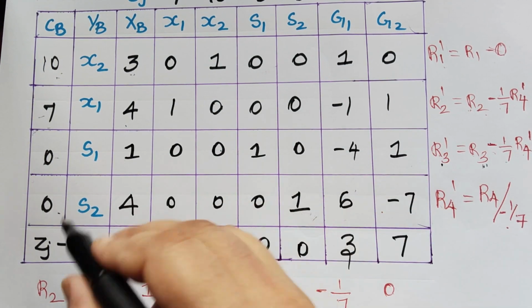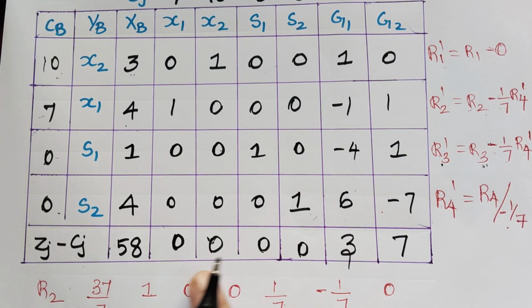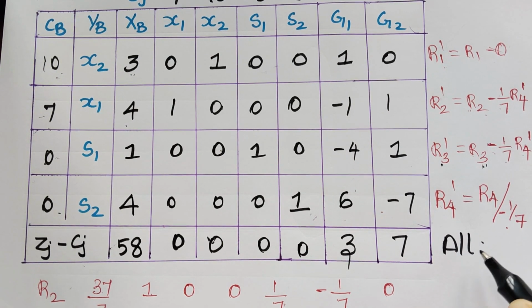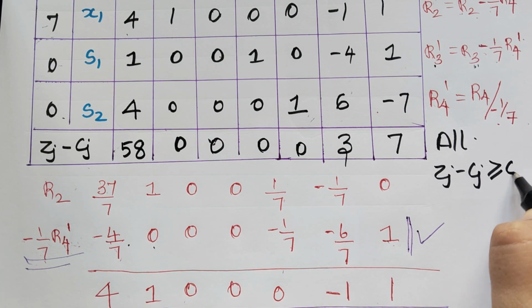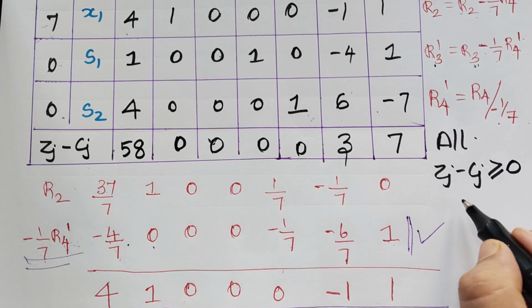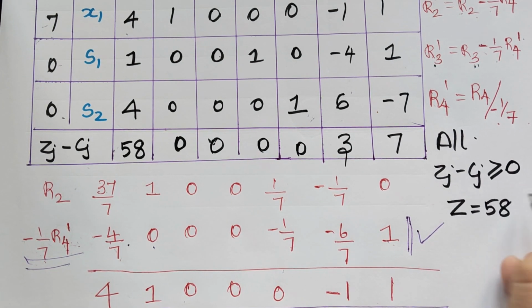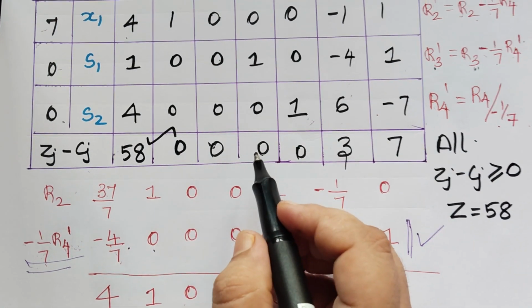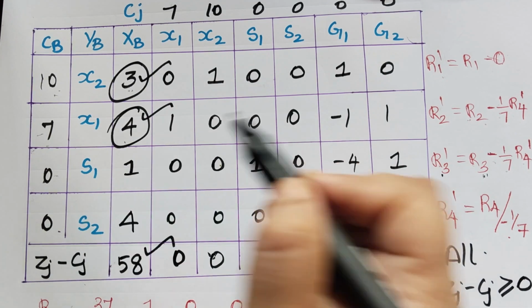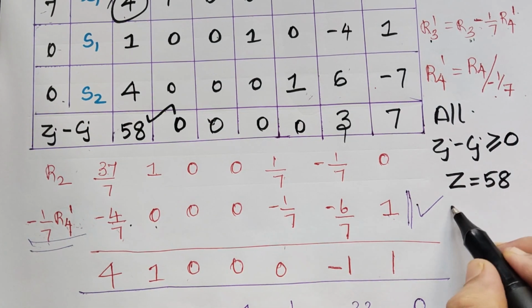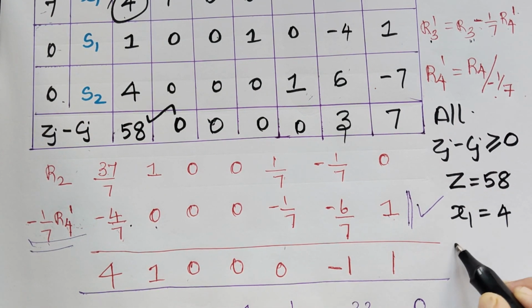We see that all Zj minus Cj is greater than or equal to 0. And what is the value of Z? Z is equal to 58. And the values of x2 and x1 we obtain here. So x1 is 4, and then x2 is equal to 3.